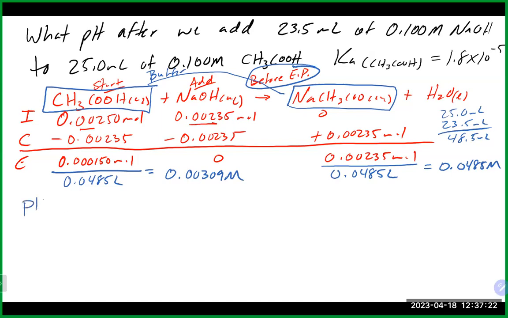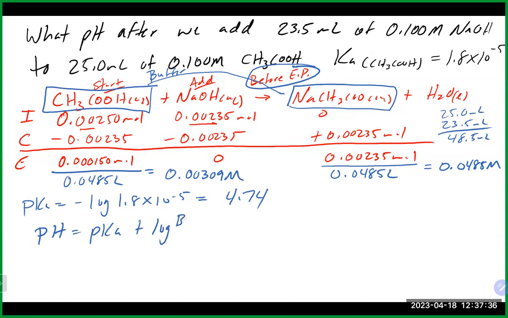The pKa value would be minus the log of 1.8 times 10 to the minus 5. That's 4.74. And that means that the pH here would equal the pKa plus the log of the base over the acid. Gets us 4.74 plus the log.